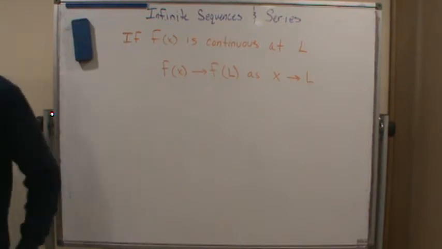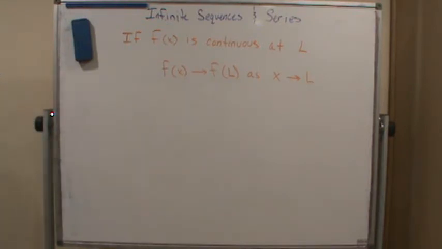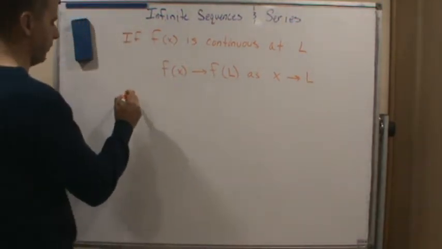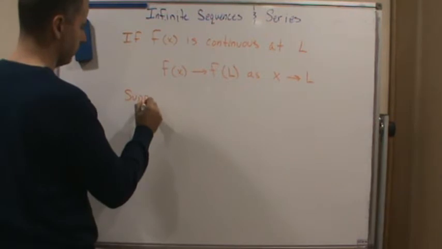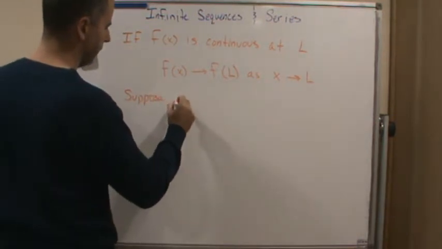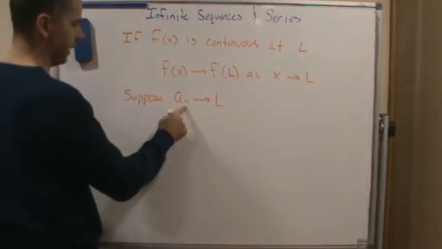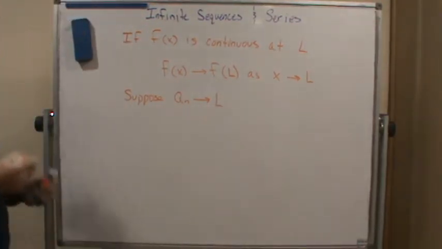Okay? Now, this also holds and applies to sequences as well. So let's suppose that a sub n approaches L. So the limit of a sub n goes to L, right? That's what we've been doing.